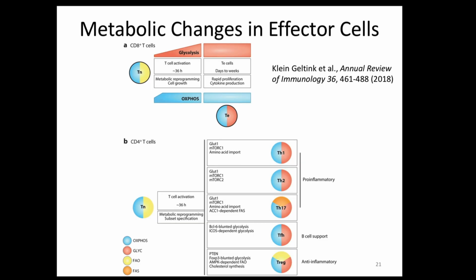You can see here a naive cell is doing this blue one of oxidative phosphorylation and the yellow of fatty acid oxidation. And you can see it switches as an effector cell to be doing instead some oxphos and some glycolysis. In fact, you can even see with our different subsets of T cells, we have different metabolic processes as well. So you can see these naive cells and effector cells are very different from each other. It's like a whole different program they are doing.